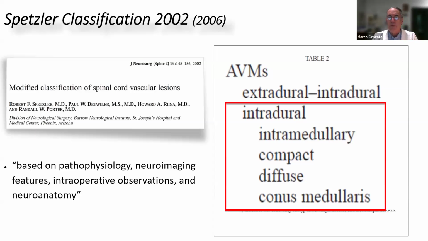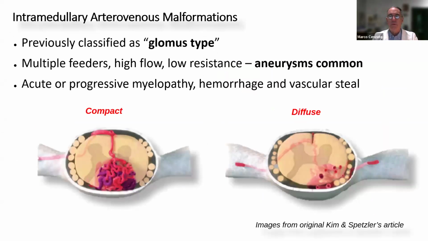We are talking particularly about the intramedullary, intradural AVM, the so-called glomus type, or the ones that are in the spinal cord, and not the dural fistula and not other conditions.